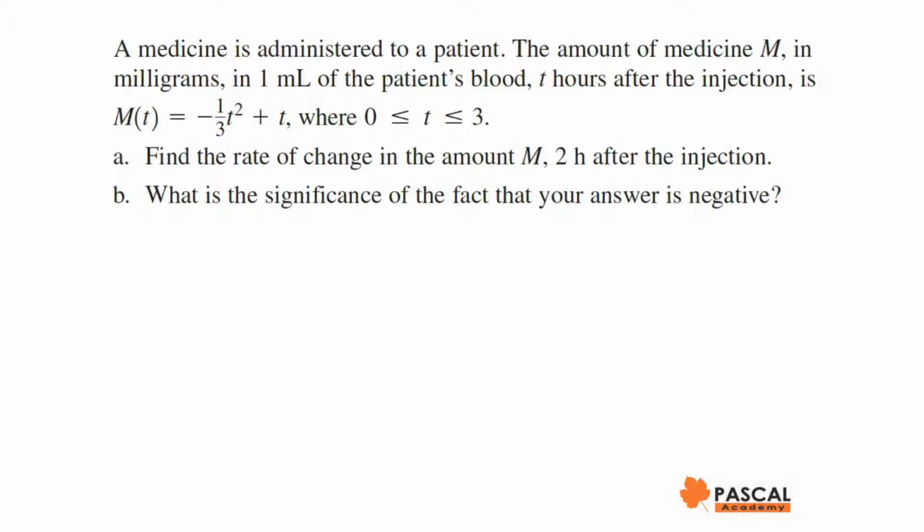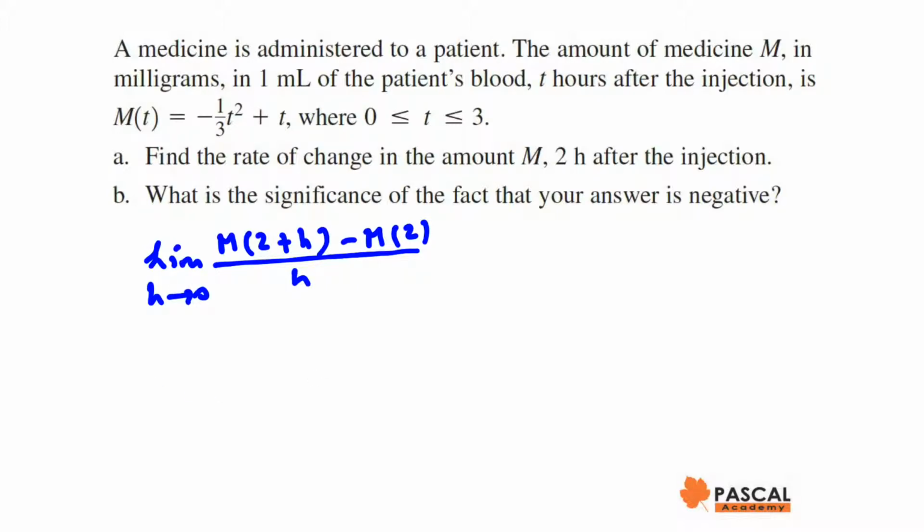Part A, we are looking for the instantaneous rate of change of function M with respect to t at t equals 2, which is the limit of (M(2+h) - M(2)) divided by h as h approaches 0.